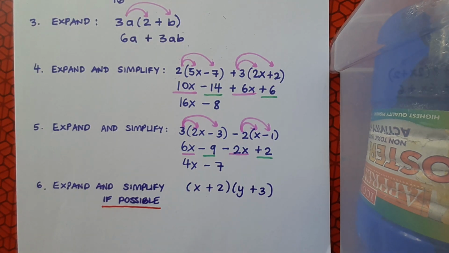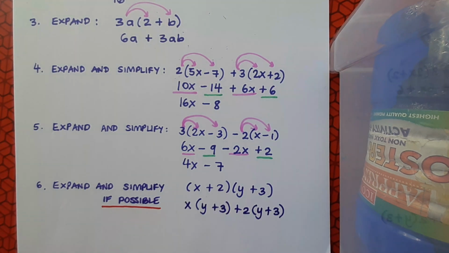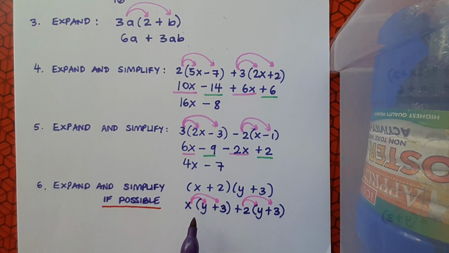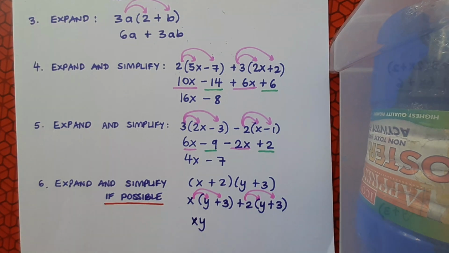Question 6 asks me to expand and simplify if possible. So I'm going to have to split up my first bracket and multiply each term in the first bracket by the full second bracket. And then I multiply as normal. Okay, so I'm multiplying x by y, and this gives me xy. I'm multiplying x by 3 to get +3x.